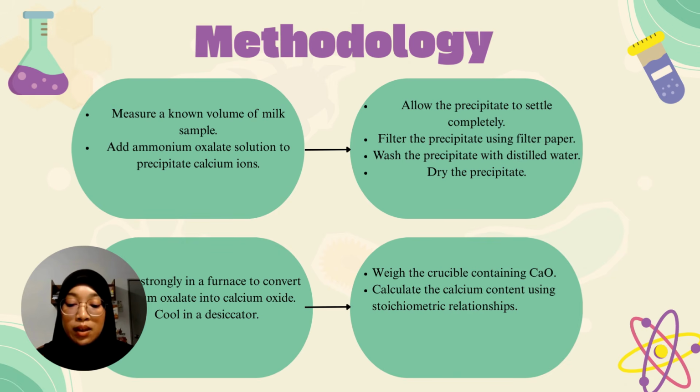Wash the precipitate with distilled water to remove impurities and dry it. Then, we heat strongly in a furnace to convert calcium oxalate into calcium oxide, and cool it in a desiccator. Lastly, we weigh the crucible that contains CaO, and calculate the calcium content using stoichiometric relationships.